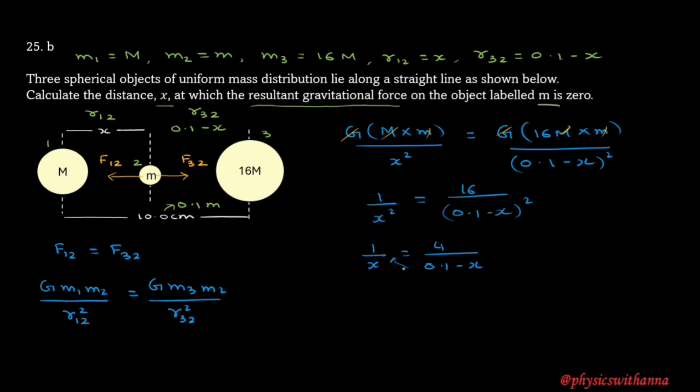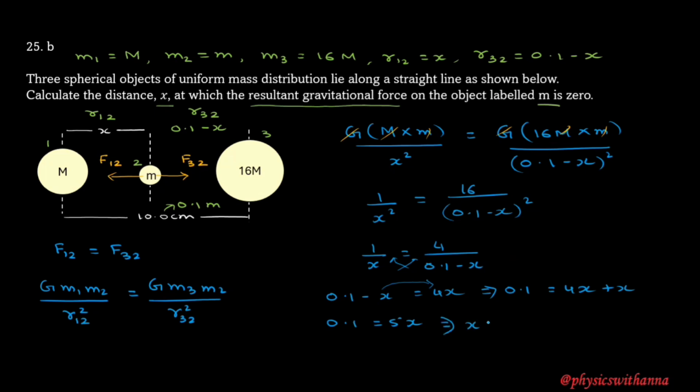Now we cross multiply to solve for x. We get 0.1 minus x equals 4 times x. Then we move this minus x to the other side. You get 0.1 equals 4x plus x. So we have 0.1 equals 5x. Now divide by 5 to get x.